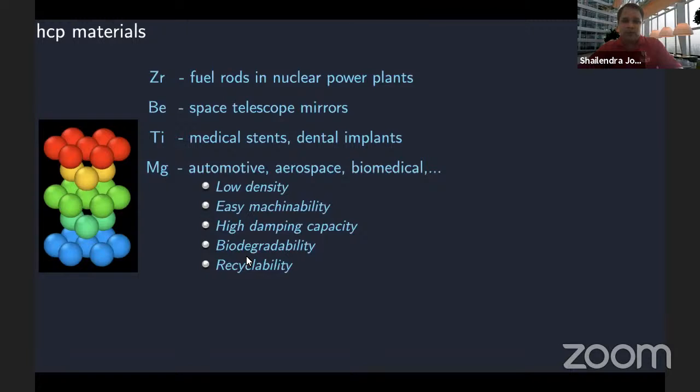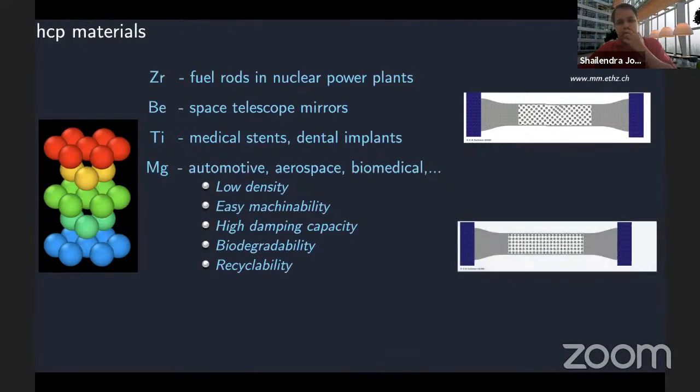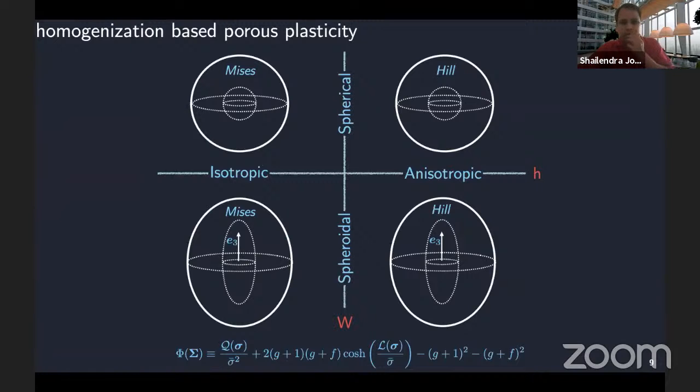Because they have HCP crystallography, in addition to the conventional mechanism that we know of in the form of slip, materials like magnesium undergo what is called twinning, where you get a sudden reorientation of part of the crystal relative to its neighborhood, and that orientation creates a mirror symmetry between the parent material and the reoriented material, which we call a twin. So there is a slip process and a twinning process, and in magnesium, these processes become very important.